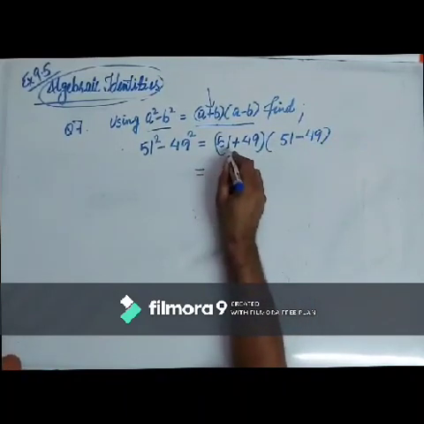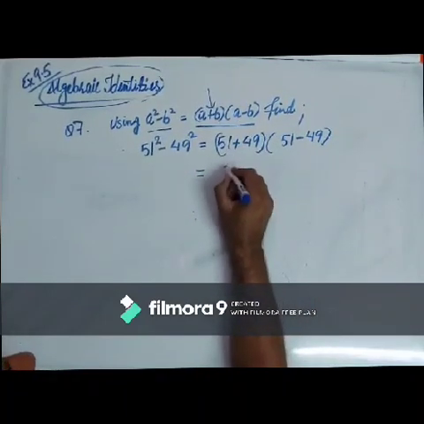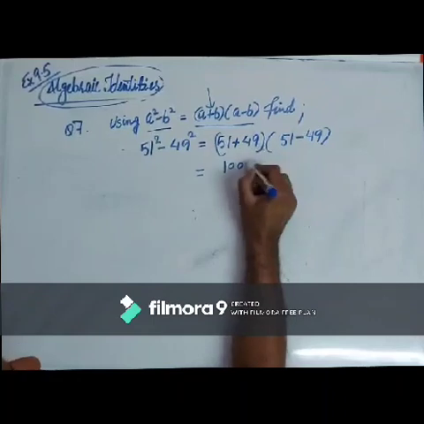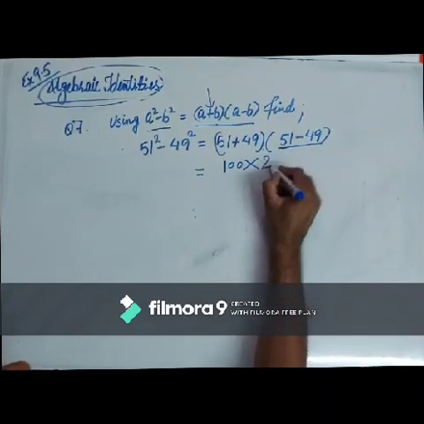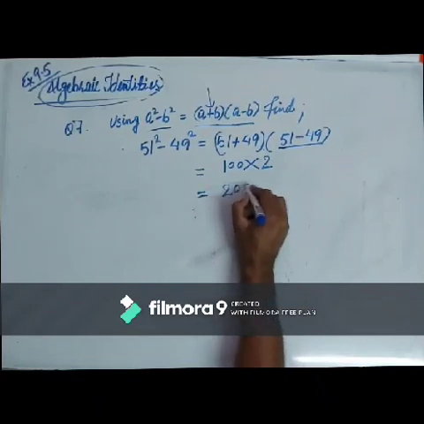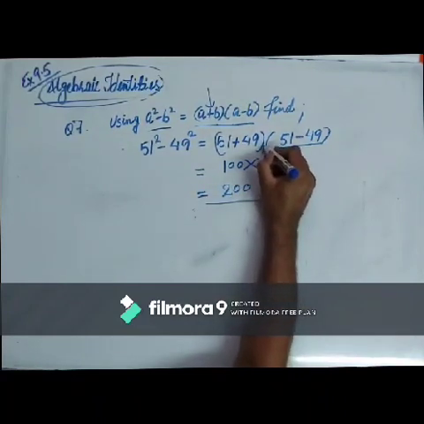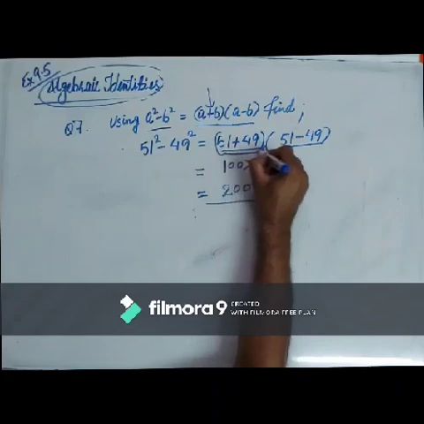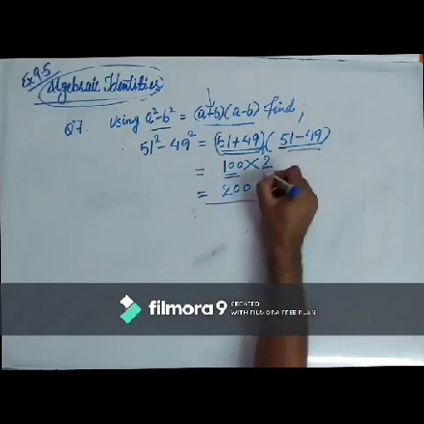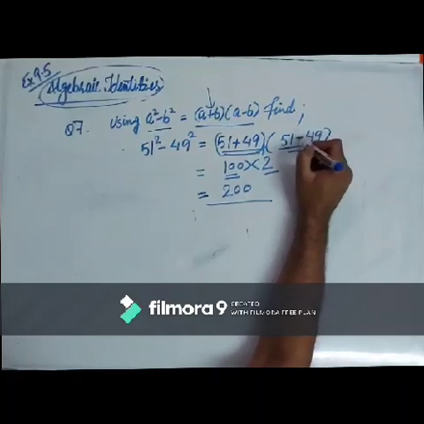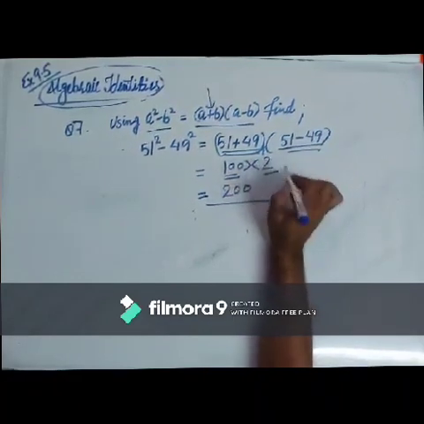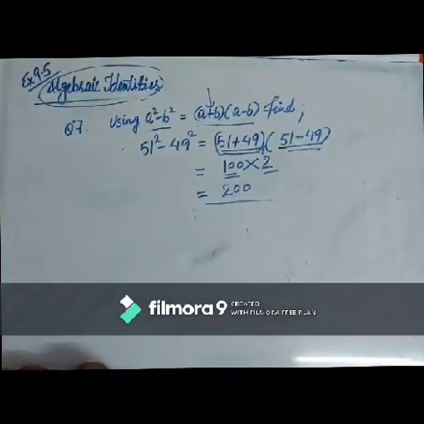So 51 and 49 add up to 100, here is the multiplication sign, and these two subtracted give 2. So this is 200. Simple answer, easy one. Remember, these two are added to 100, these two subtracted give 2, so 100 into 2 is 200, that's all.